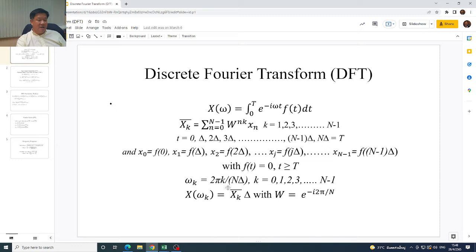In this case, your period is T. But you must remember that your t has been discretized to 0, delta, 2 delta, and so on. So this is all the possible frequency resolution that you can consider. When k is 0, it means no more frequency. It's a zero frequency situation.